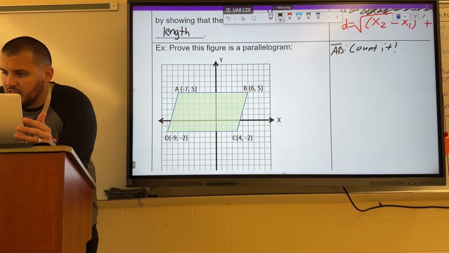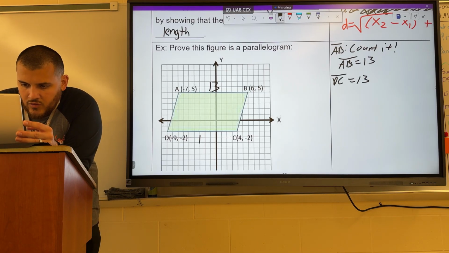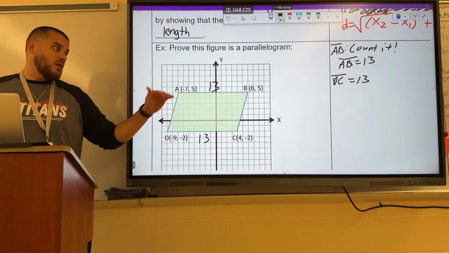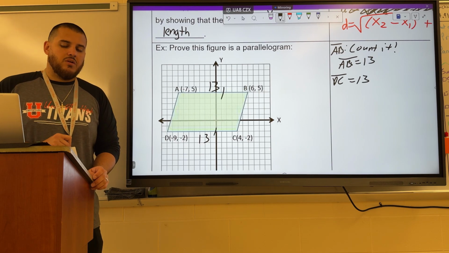That is 13 units long. AB equals 13 units long. I'm gonna put that on the graph. DC, I can also count with my fingers from -9 here all the way to +4, 13 units long.